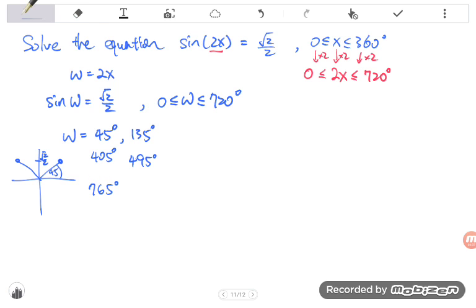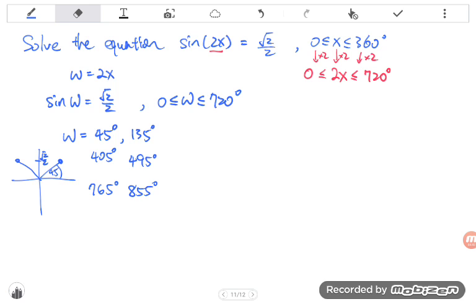And if I add another 360 here, I will get 855 degrees. I think I'm doing all this in my head, so let me just double check. I'm going to pause the video and double check it. Yep, I just used the calculator, and all the values here are correct.